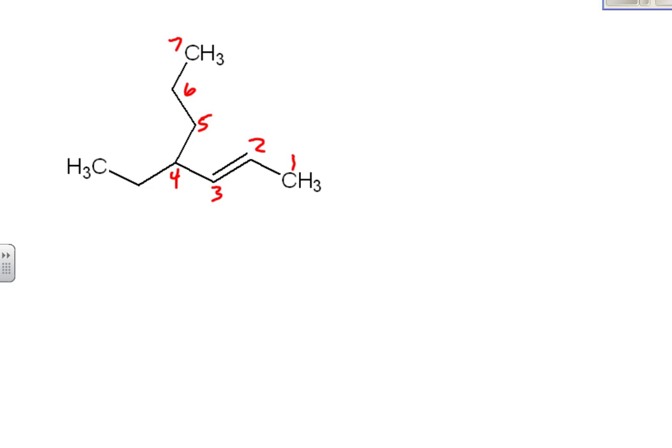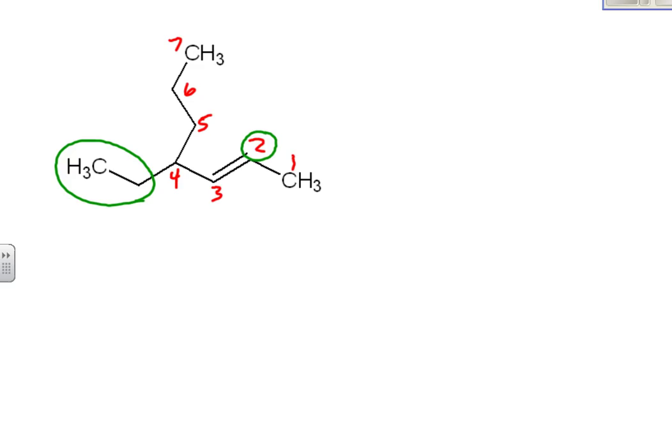So we would have our double bond. Our double bond starts on the second carbon, and then we have this group here with 2 carbons, so it would be an ethyl group on the fourth carbon.